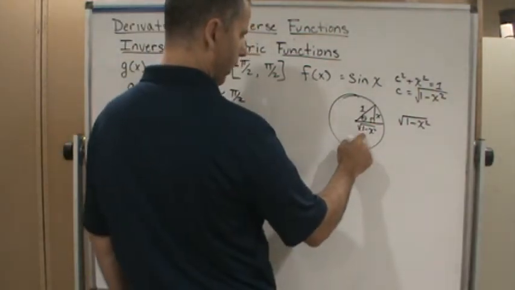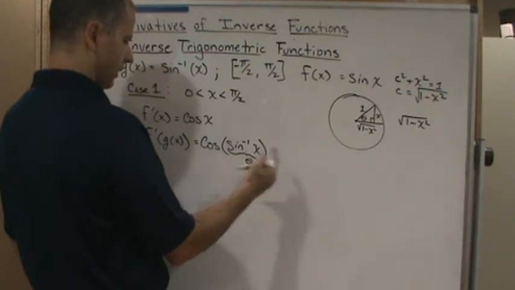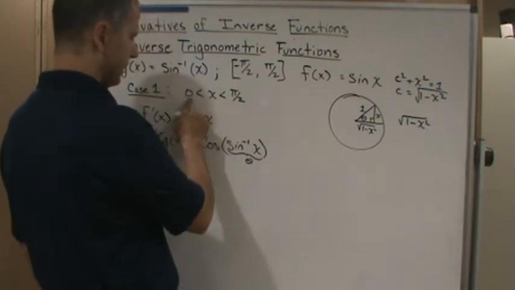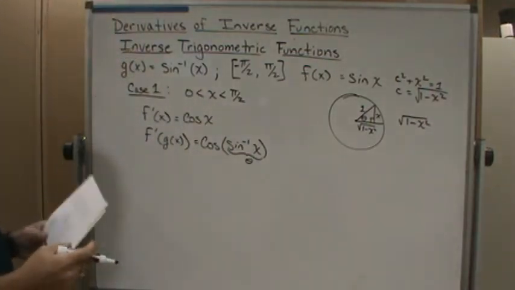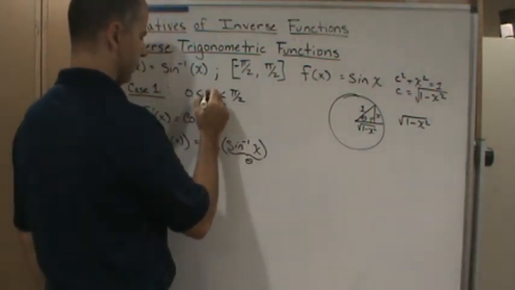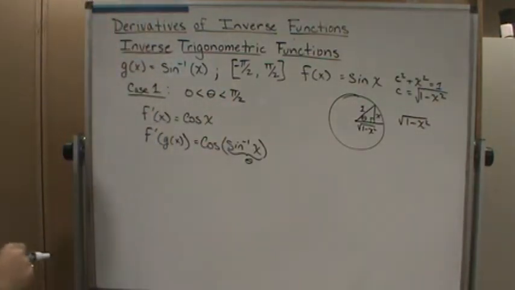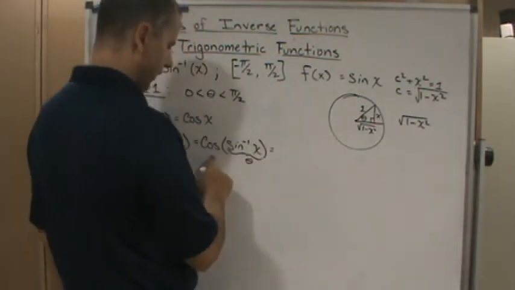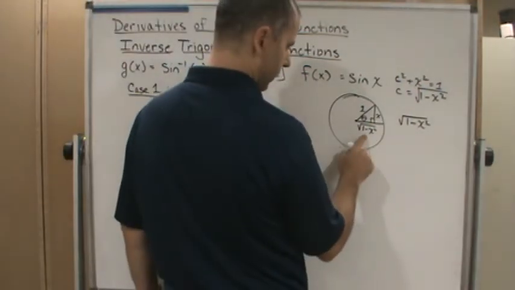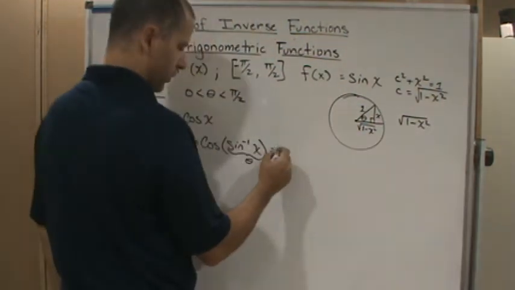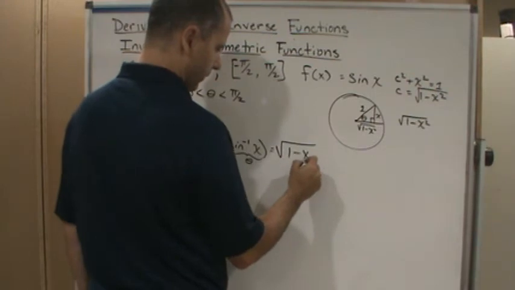If theta is between 0 and pi over 2, then cosine of theta is the square root of 1 minus x squared over 1, which is just the square root of 1 minus x squared.